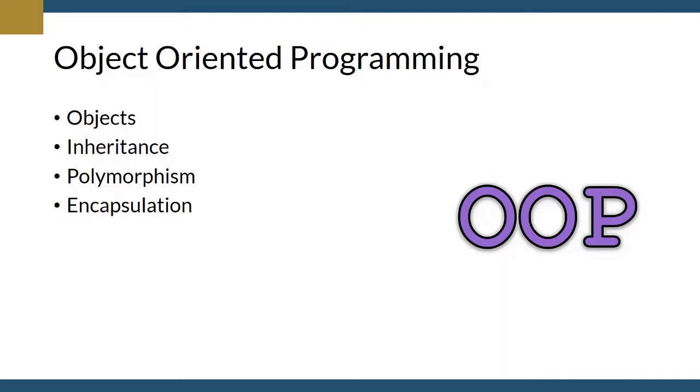But let's talk a little bit about object-oriented programming. This is going to come up a lot, and it's important you understand some of the basic concepts. First, we'll talk a little bit about objects. Think about objects like a pizza. You can have different toppings, you can get it from different places, but at the end of the day, a pizza has the same properties. It has a crust, some sauce, some cheese, and maybe some toppings.